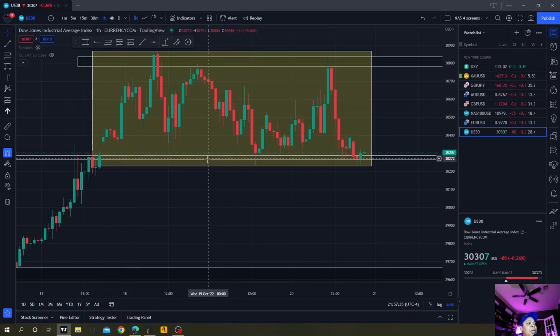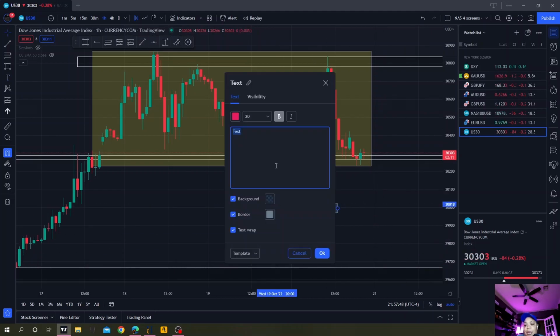And if you also notice, my support levels are still drawn up from the 4 and the daily. And I am hoping that, let's put it here, we're looking for the trend to break.